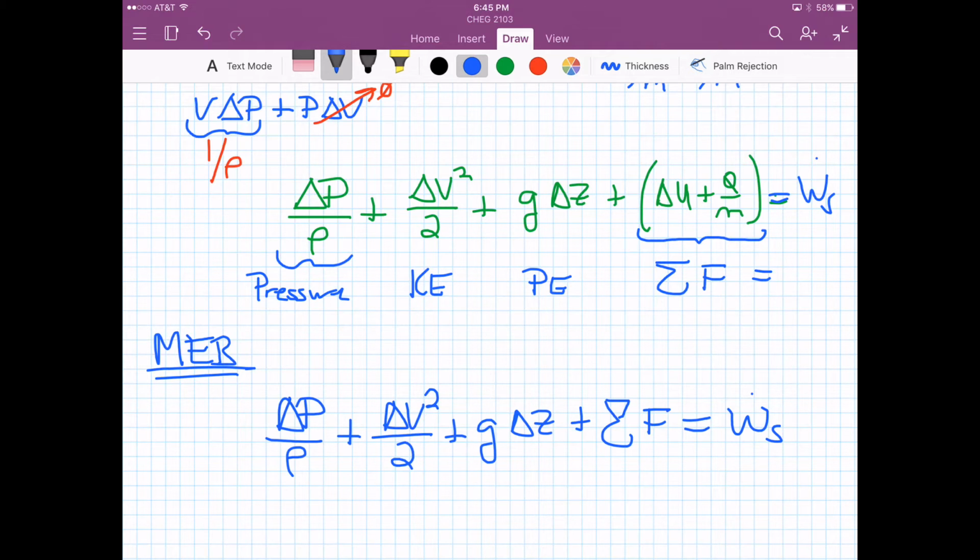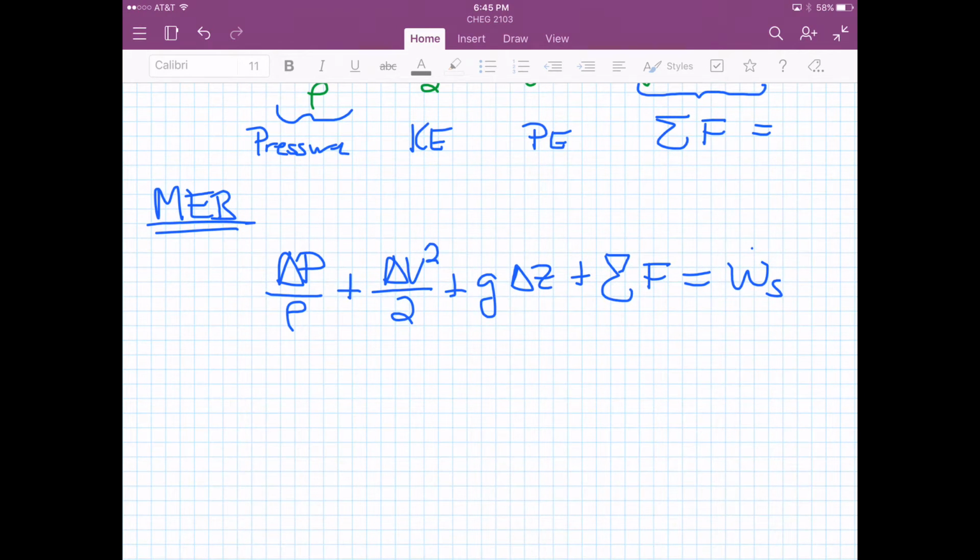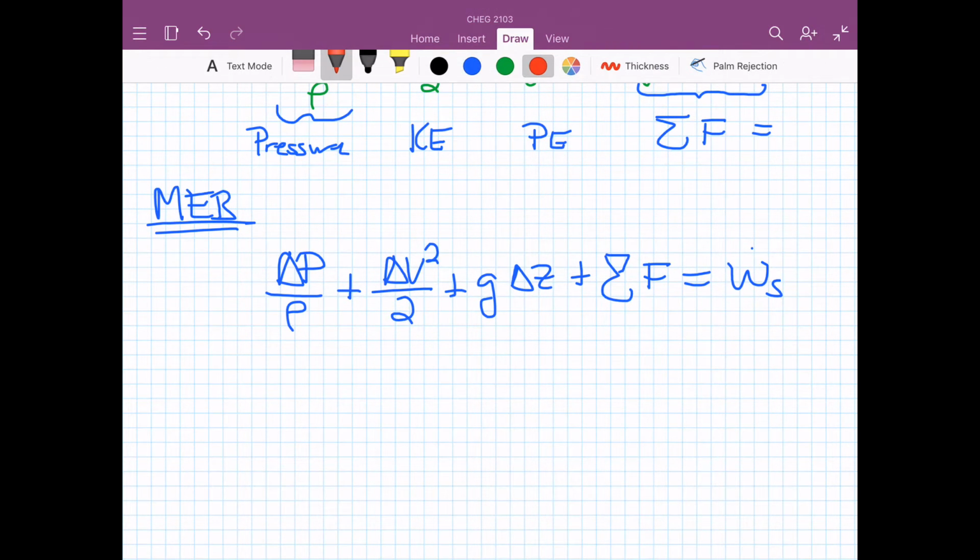So this is an energy balance that we can use in systems that are not thermally dominated, that are more mechanically dominated.